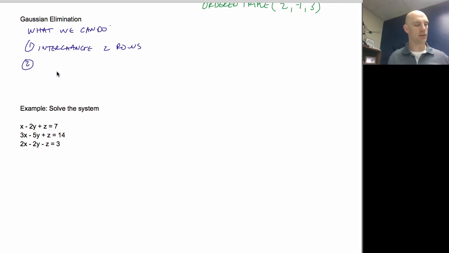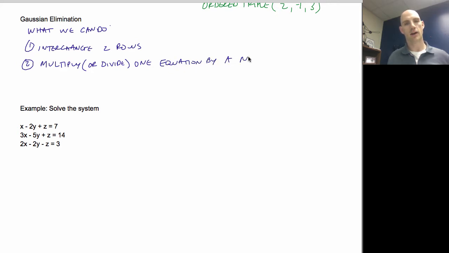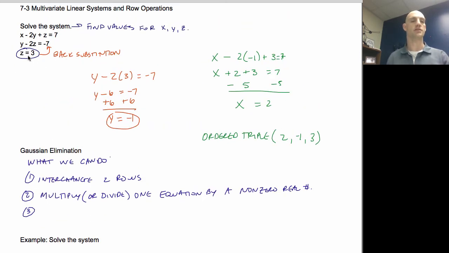Number two, we can multiply or divide one equation by a non-zero number. That could be useful. Like let's say we had 2z equals 6 here. We could divide it by 2 and we'd have z equals 3.